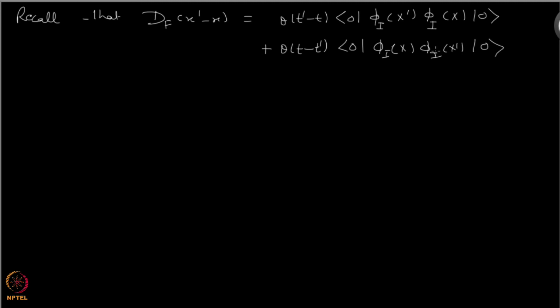So that was the definition of the Feynman propagator. You can go back and see. Now let's look at these quantities. This is a phi plus and a phi minus. Most of it will kill the vacuum, and only one piece will survive. You can easily check that; I will leave it as an exercise.